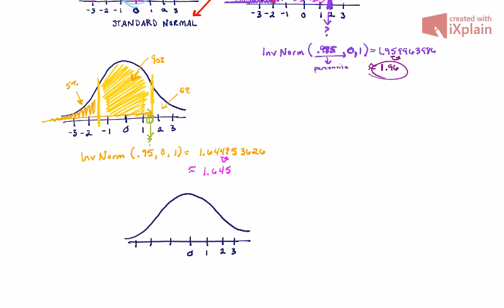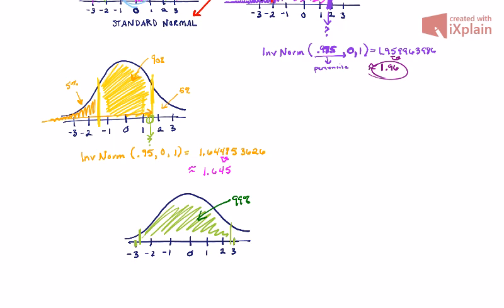Okay, so we know that 99.7% happens somewhere 3 standard deviations away. So I'm just going to scoot this in a little bit and assume that from here I have about 99% in between those two marks.